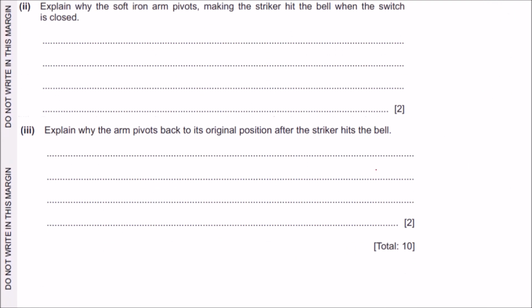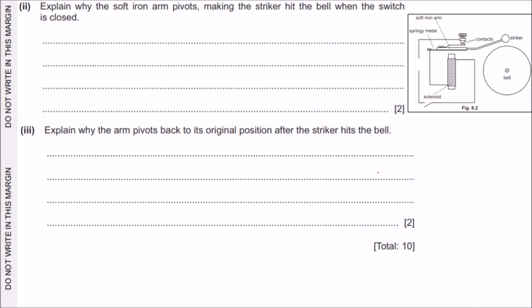Part 2 says, explain why the soft iron arm pivots, making the striker hit the bell when the switch is closed. Let me recall the circuit so that I explain it better. We now have our power supply. And the switch has been closed, meaning current can now flow through the circuit.